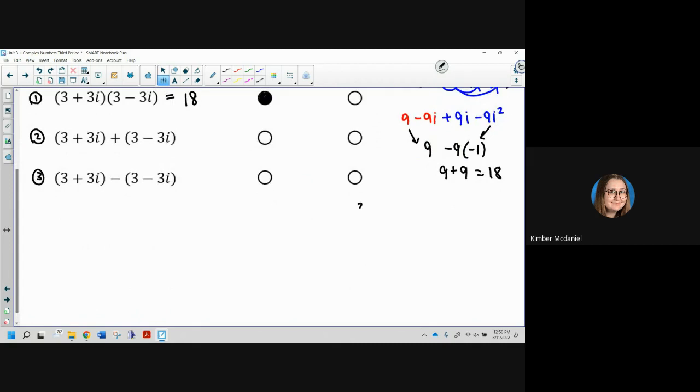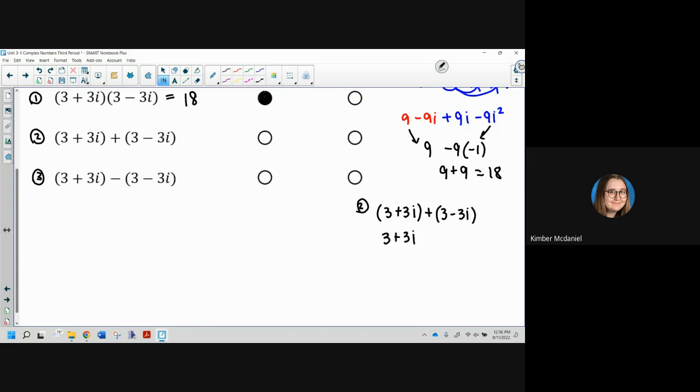So expression number 2 is 3 plus 3i plus 3 minus 3i. Now again, we do not have to double distribute because there's something splitting those parentheses up. So then it comes to asking ourselves the questions that we asked ourselves in example 3, I believe. Is there anything to distribute? Is the parentheses necessary? We have nothing to distribute here. So we're going to drop them. So 3 plus 3i.